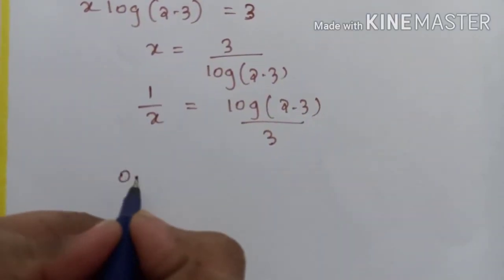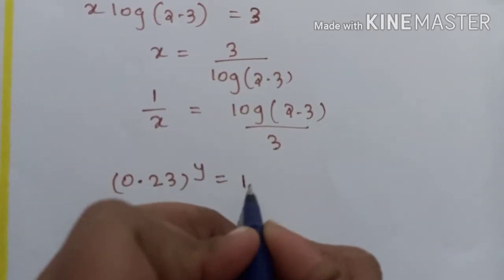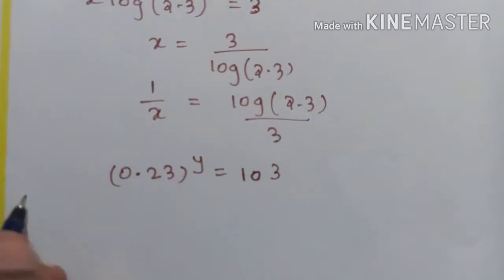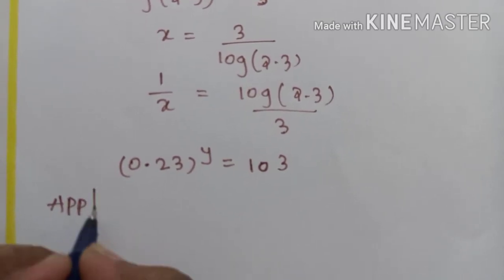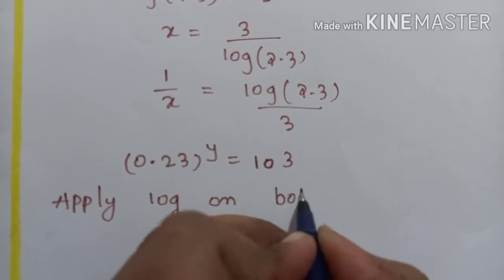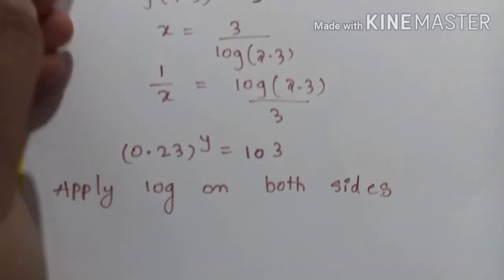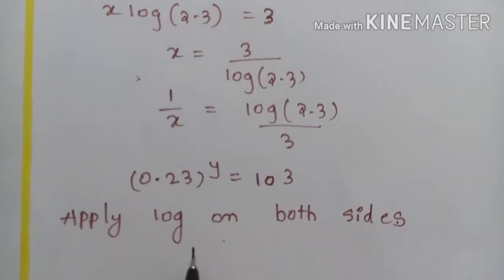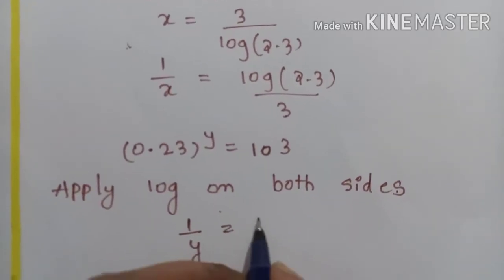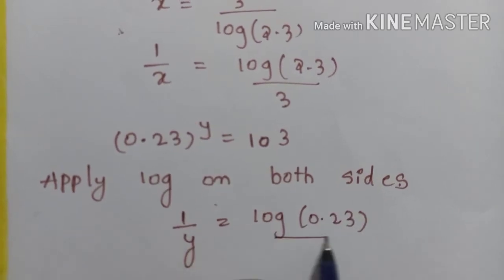And next, 0.23^y = 10^3. So apply log on both sides and continue with the same process as above, and we will be left with 1 by y = log 0.23 by 3.